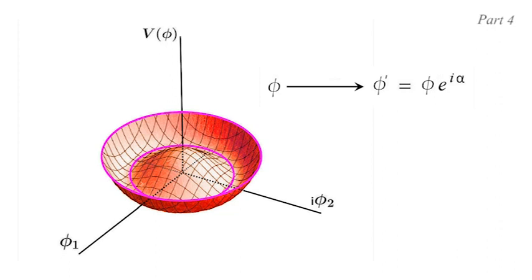For example, multiplying the field by e to the i pi will take it round half the circle, whilst if I went round e to the i 2 pi, it would take it back to where it started, the whole circle. What we're saying is that changing phi in this way makes no difference to the potential, or indeed to the whole Lagrangian. So repositioning the field from phi to phi dashed anywhere along the same circle doesn't change things.